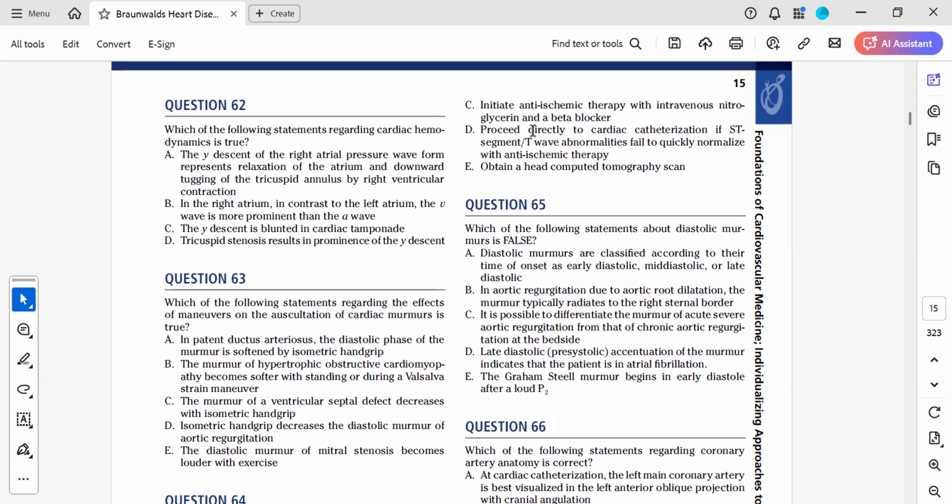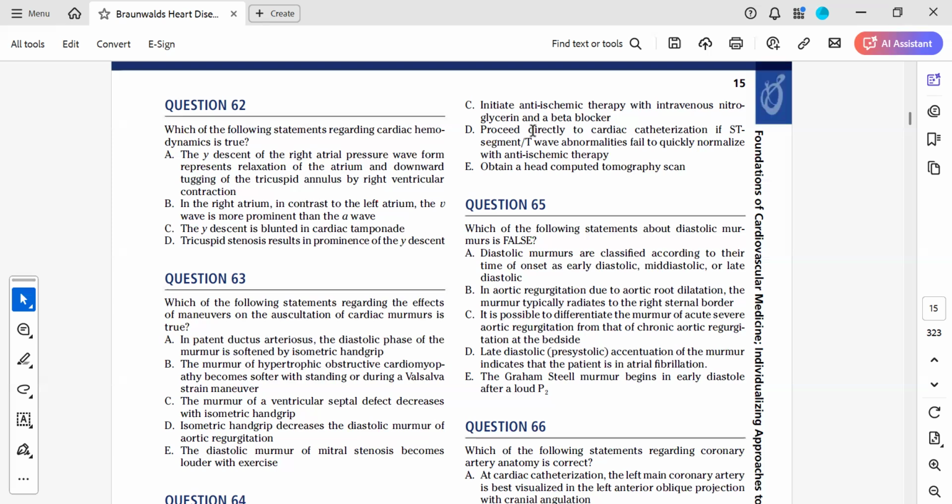But in aortic root dilatation, it radiates to the right sternal border, whereas if it is a problem of the valve, it radiates towards the left sternal border and to the apex.